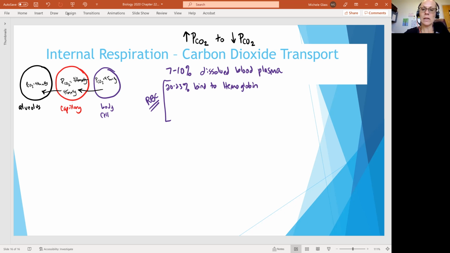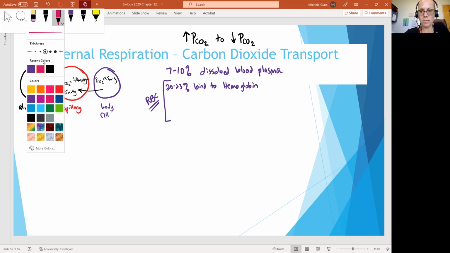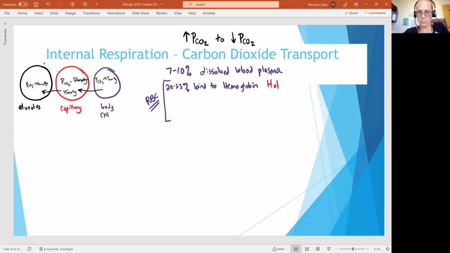And what we'll see with this conversation is what's described as Haldane's effect, where when your partial pressure of oxygen is low, your CO2 binds more readily.